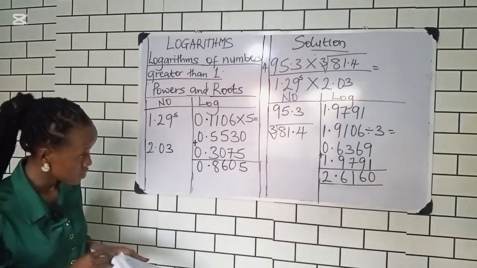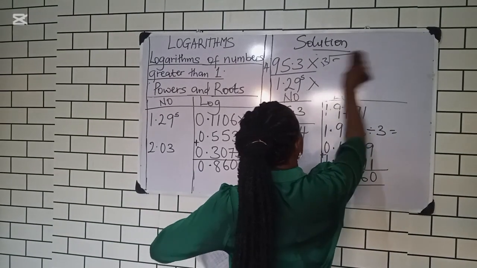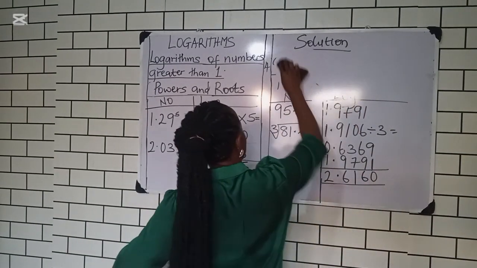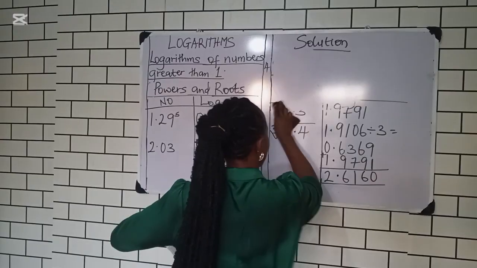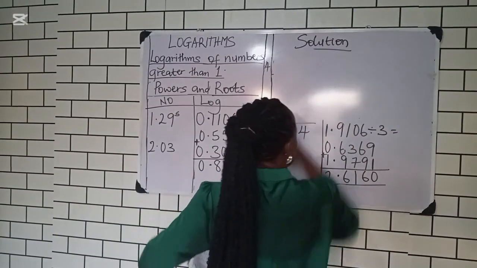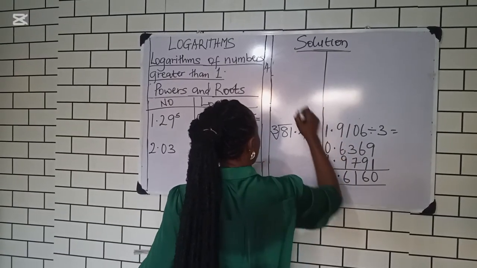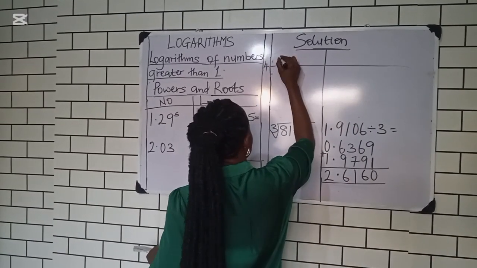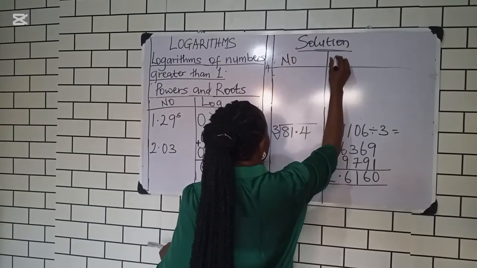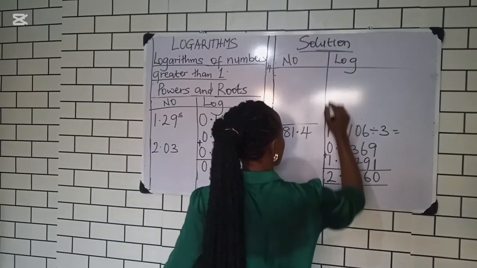Now, subtracting the two logarithms. I still have your number here. Still have your log here. Now here, the first one is the numerator part.